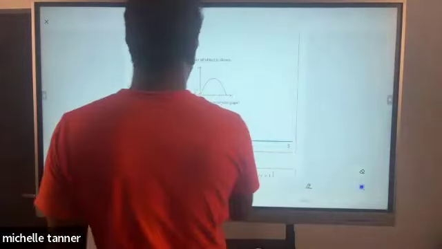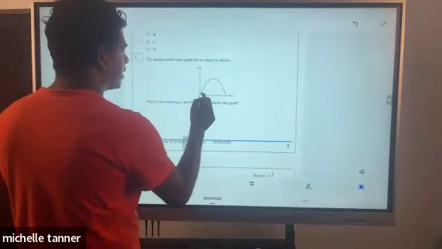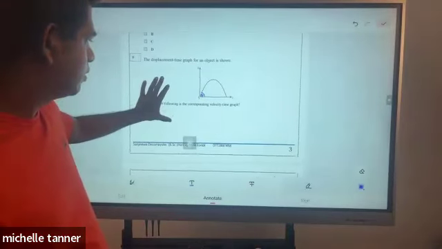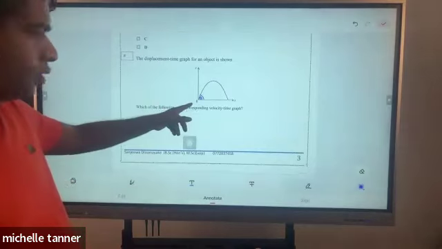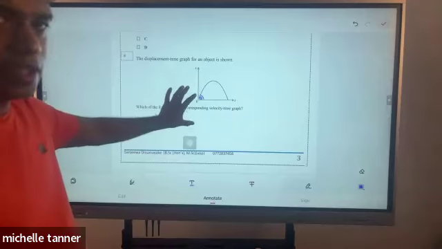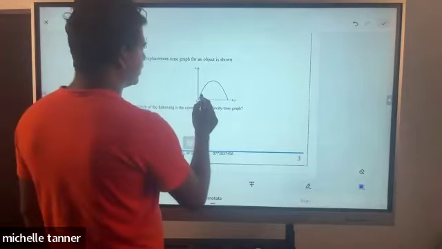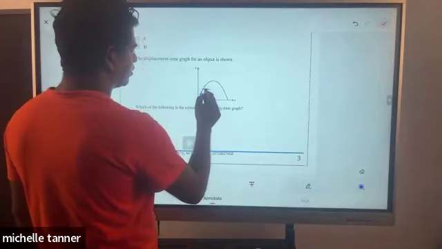Now initially look, is there any gradient? There's an angle, no? At the beginning. Yes, sir, the object starts with a certain velocity. Then what's the gradient, increases or decreases?